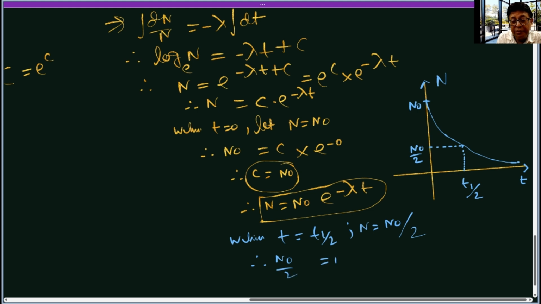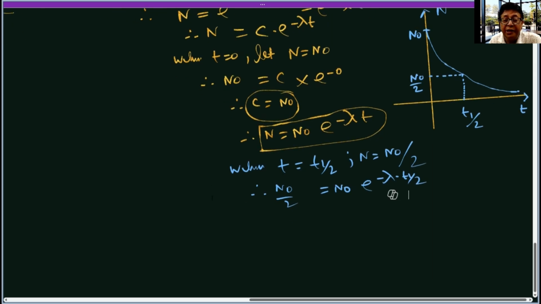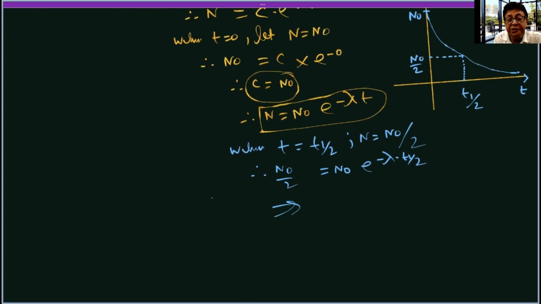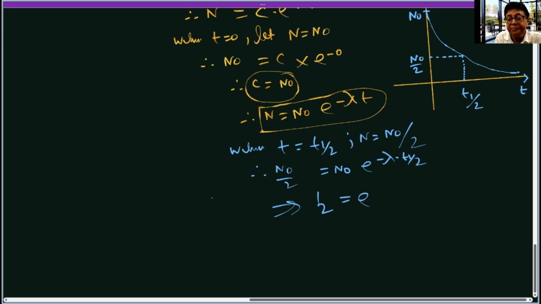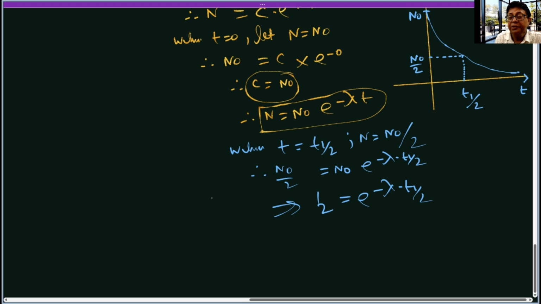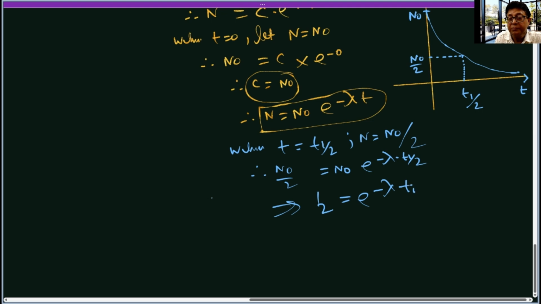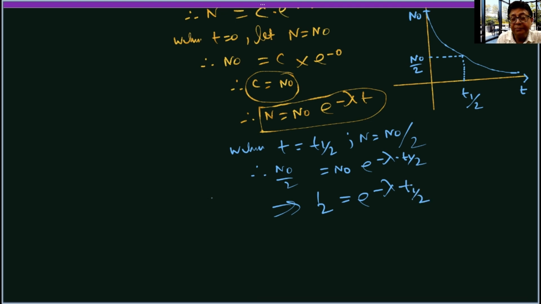Therefore, n0 by 2 equals n0 e to the power minus lambda into t half. So this implies, half is e to the power minus lambda into t half. Okay?